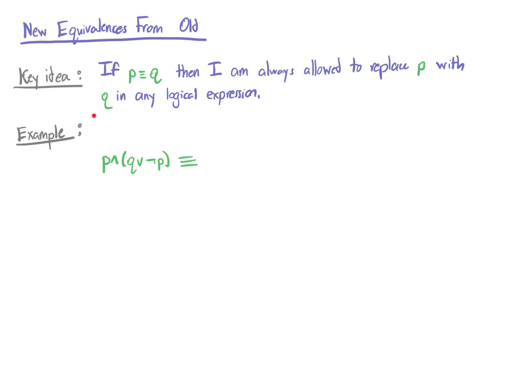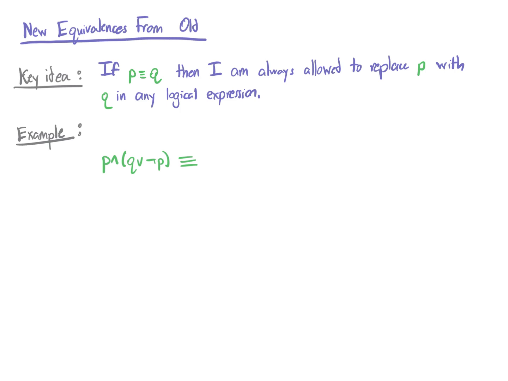And the key insight here is that if two logical expressions, two propositions or compound propositions formed from many operators, are logically equivalent, then I am always allowed to replace one with the other in any logical expression anytime I want to. So let's do an example.